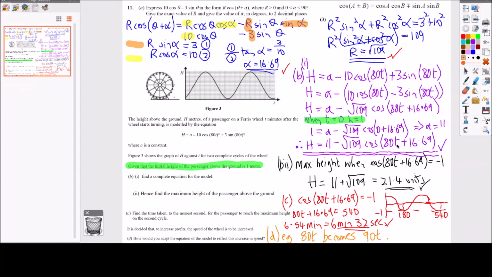So we can find a particular value of t that will make cos of the bracket equal to -1. That's going to maximize H when we've got 11 minus root 109 times -1. Okay, so minusing a minus root 109 is plus root 109, hence why our maximum height is 21.4.